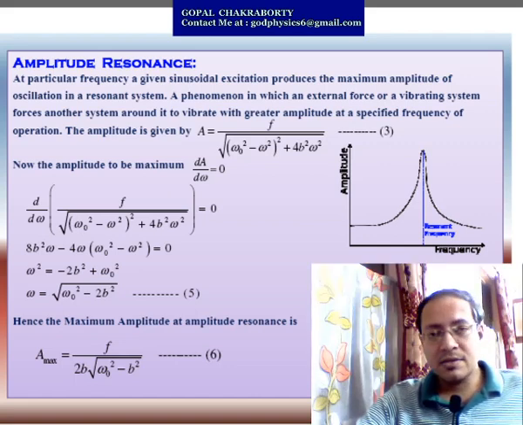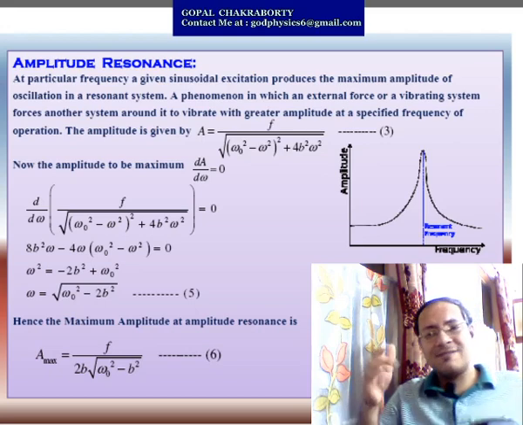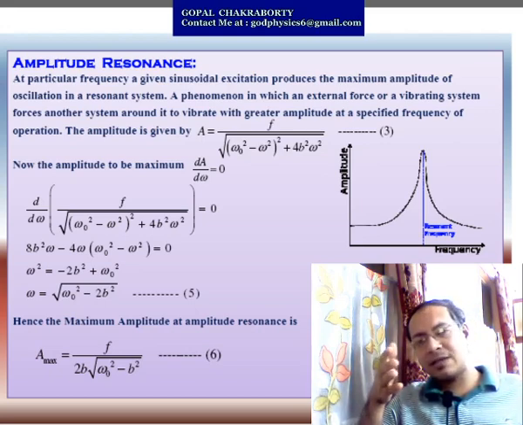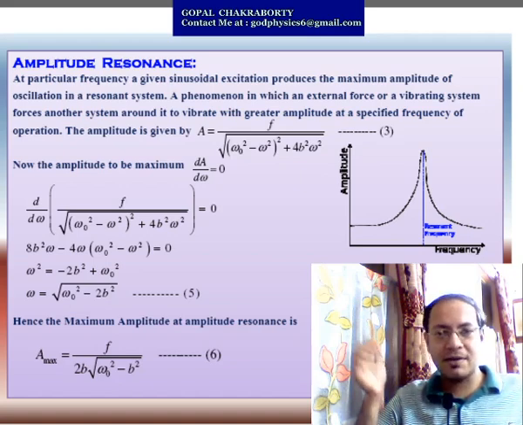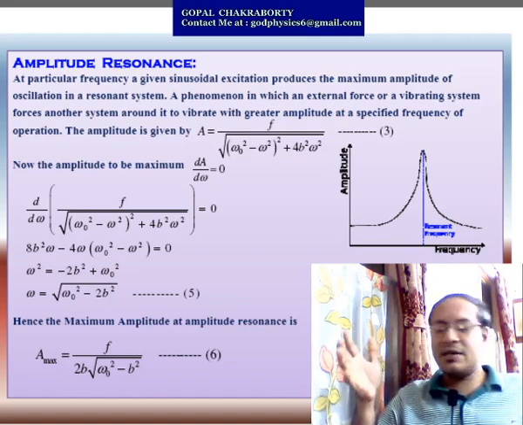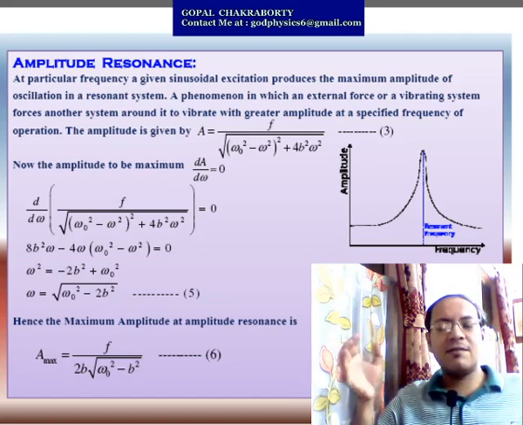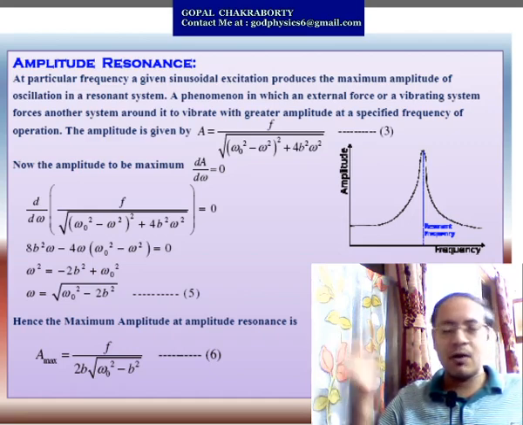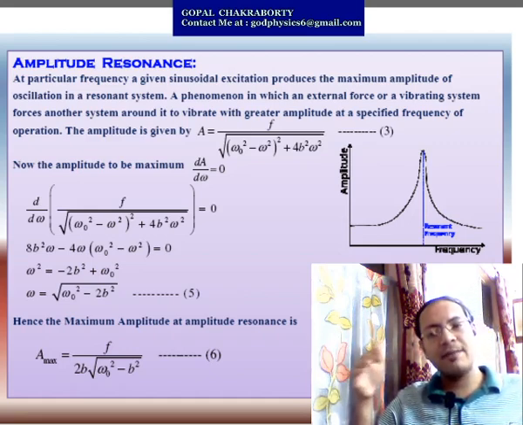Now how do we derive the condition of maximum amplitude? The process is very simple, because you have done this type of numericals in your mathematics chapter in class 12. To find the condition for which a particular value will be maximum, you always take the first order derivative and set it equal to 0.